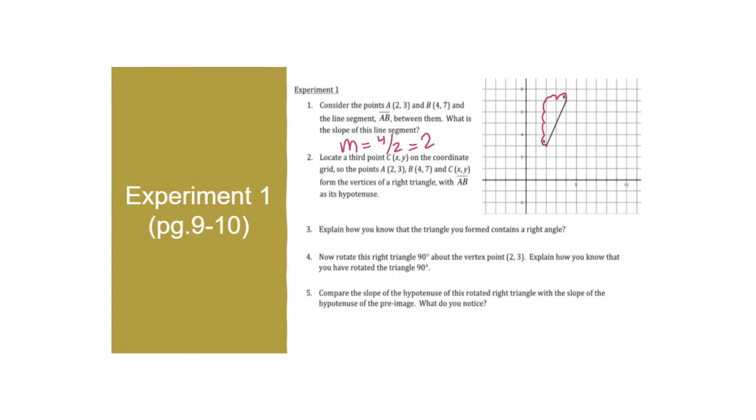Locate the third point C on the coordinate plane so that A, B, and C form the vertices of a right triangle with AB as its hypotenuse. So what it wants us to do is find that point C that makes it so that we have a right triangle. And remember, we said that horizontal and vertical lines form a 90-degree angle.